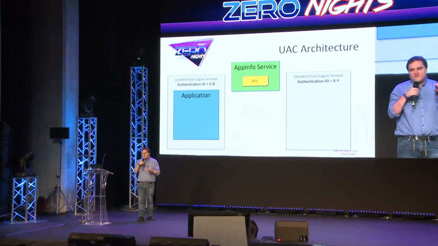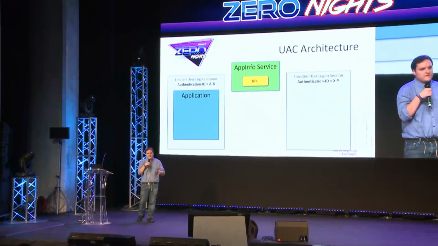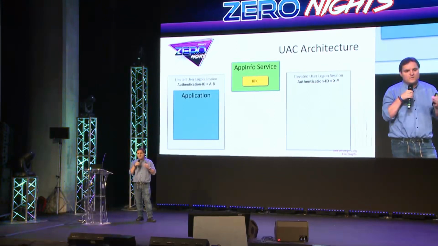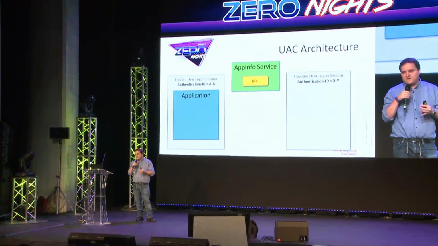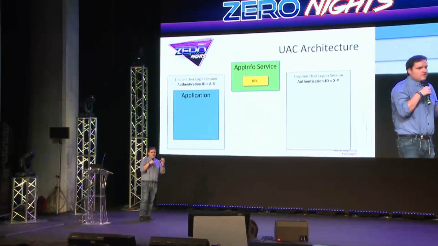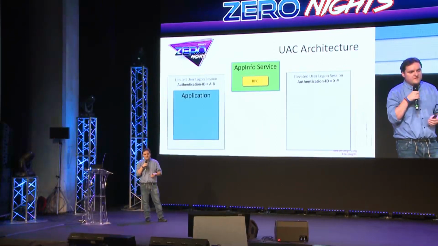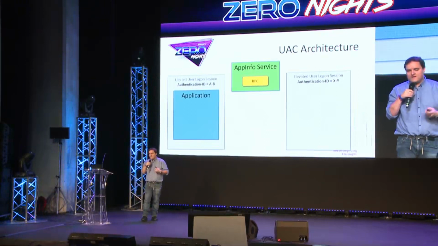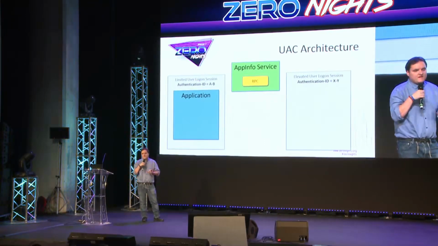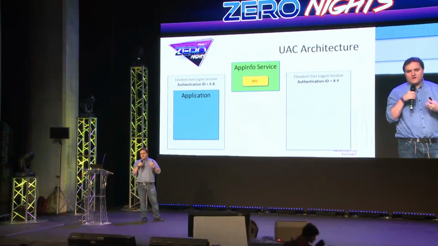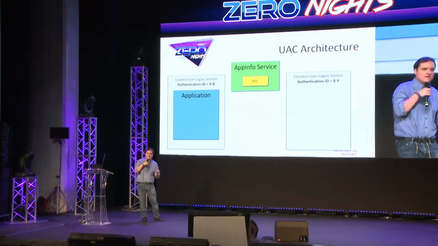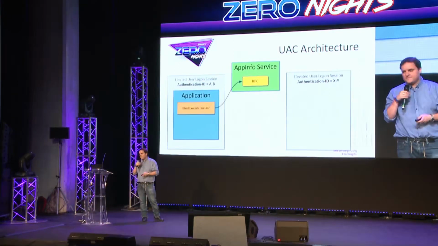In theory, these two logon sessions are separate, but they all exist as that same user. So you need some sort of escape hatch, some mechanism to go from your low privilege user to your high privilege user. The way that works is usually an application will use ShellExecute, an API in Windows, with the runas verb, which says, I want to run this as an administrator, please.